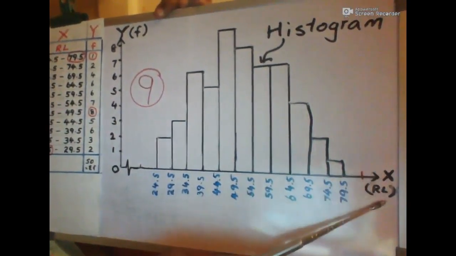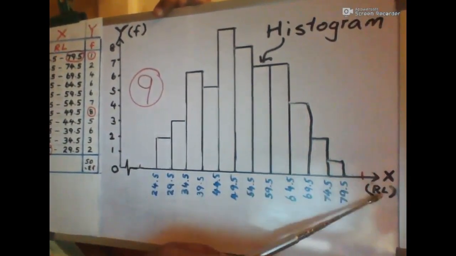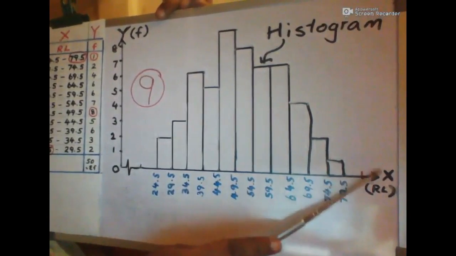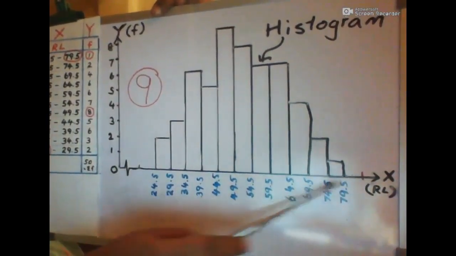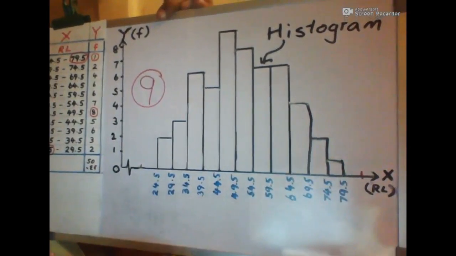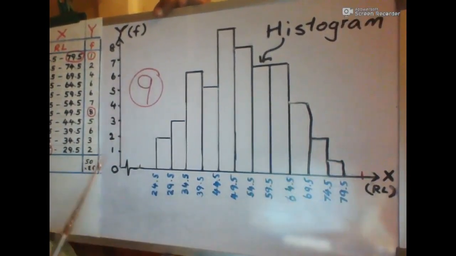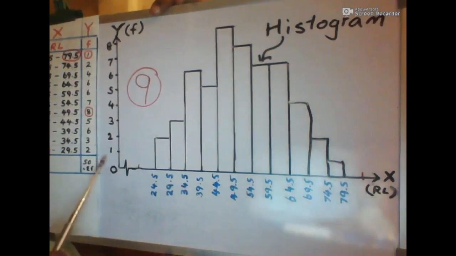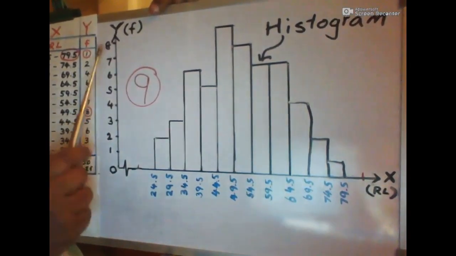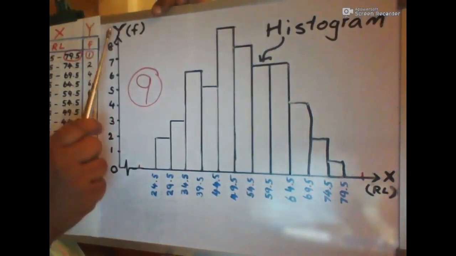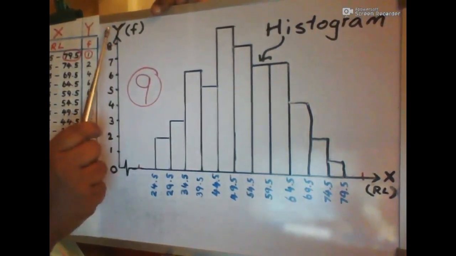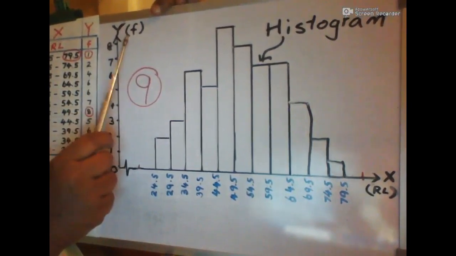You have to put x and also you have to name it, right? 2, correct scaling of the axis. 3, 0. 4, correct scaling of y-axis. 5, naming the axis. 6, 7.